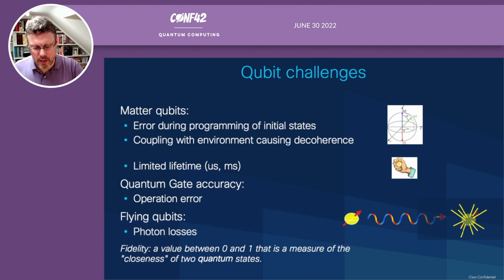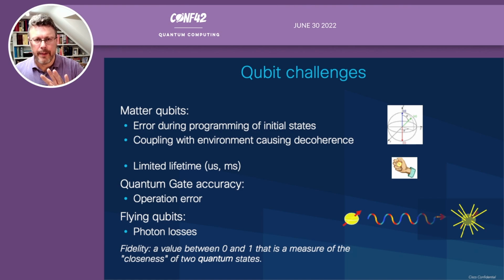And then there are other issues with communication qubits that have been known for some time, and that is that photons can be absorbed by the fiber they're traveling down, so we're going to get photon losses, and that can also mean that we are losing state. And if we lose one half of an entangled pair, then essentially we have a problem, because we don't have an entangled pair anymore, and we have to go and regenerate and so on and so forth.